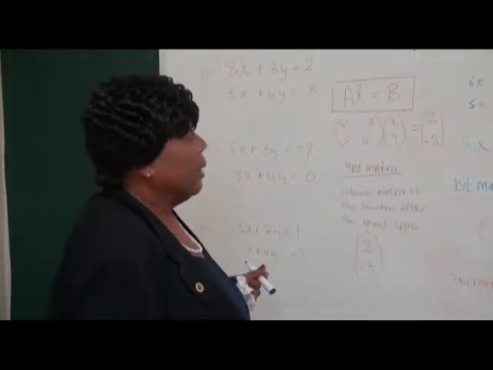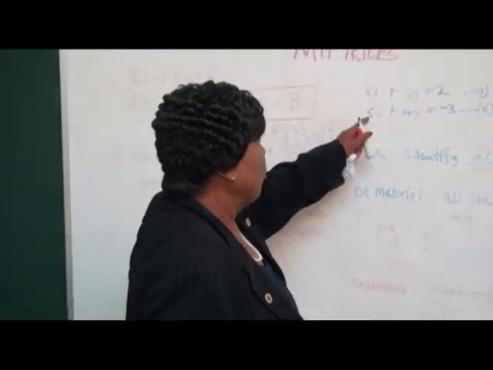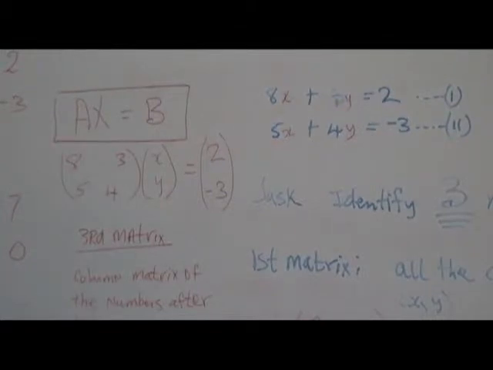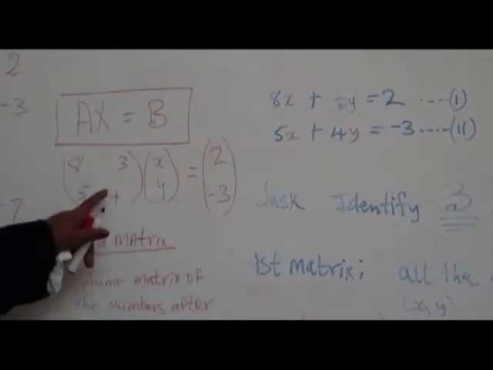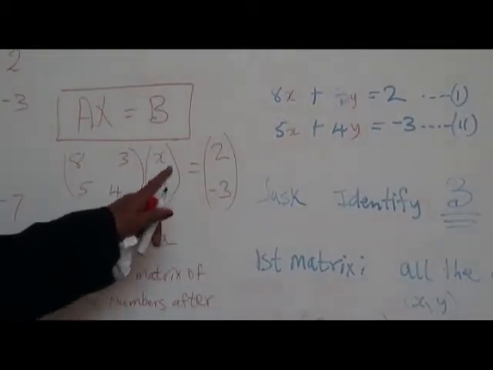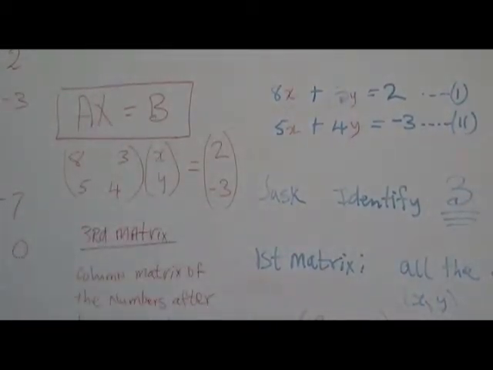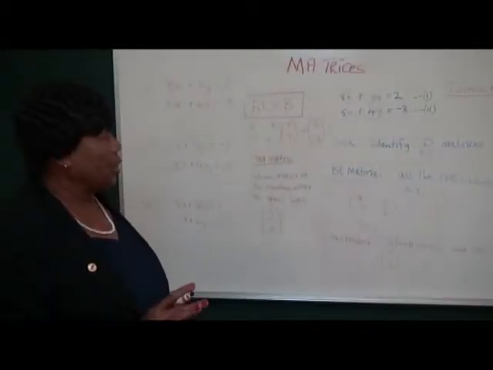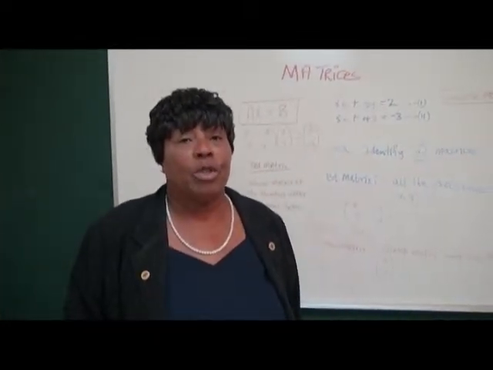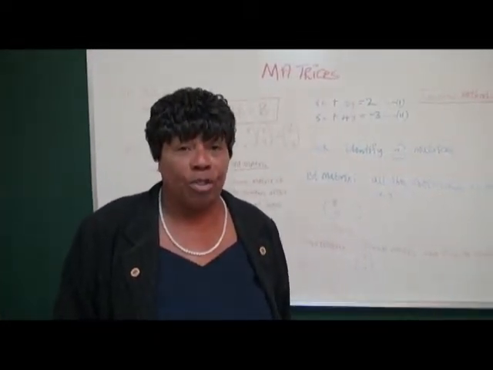They said, given the simultaneous equation, write it in the form AX is equal to B. And all the students had to do was to remember your 2 by 2 matrix times your variable is equal to the numbers on the other side. 2 marks for that. Yes, it is as easy as that. So we have given you your first step in using the inverse method to solve a simultaneous equation.